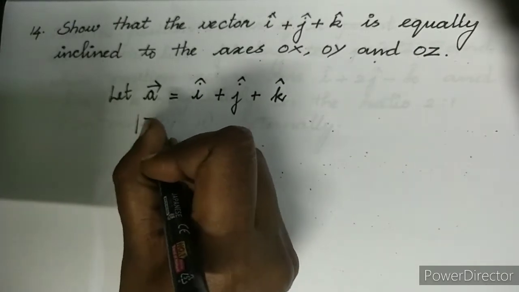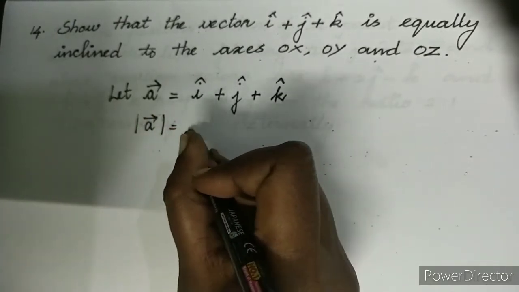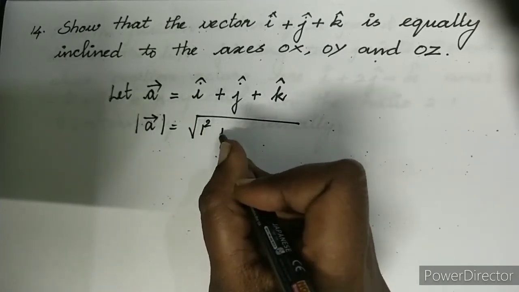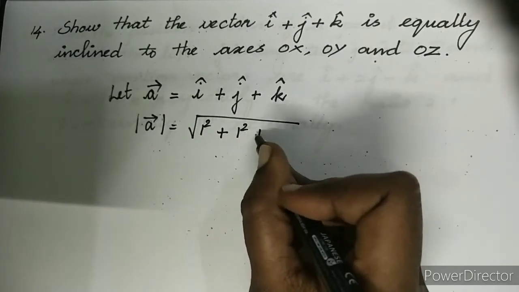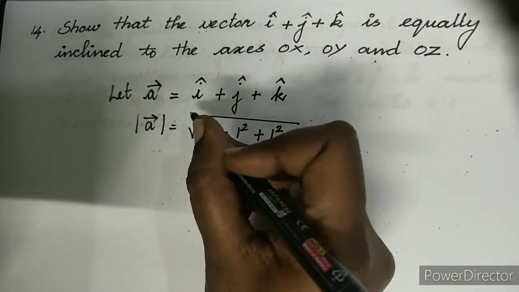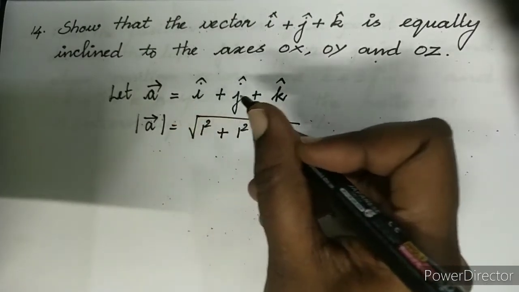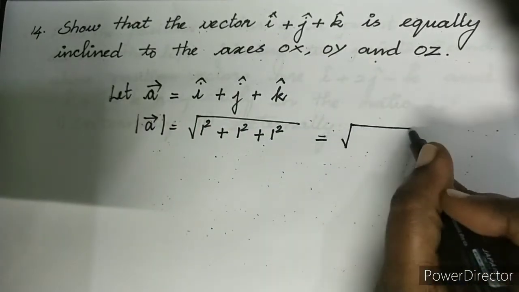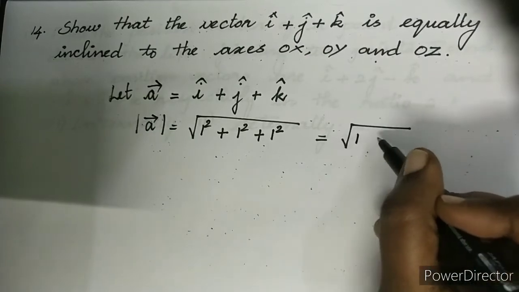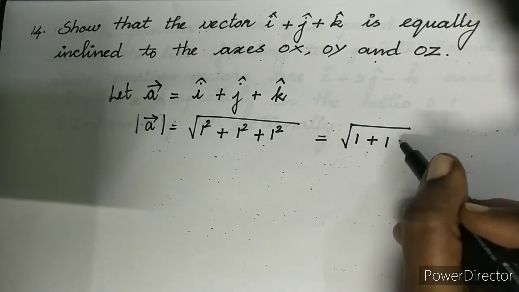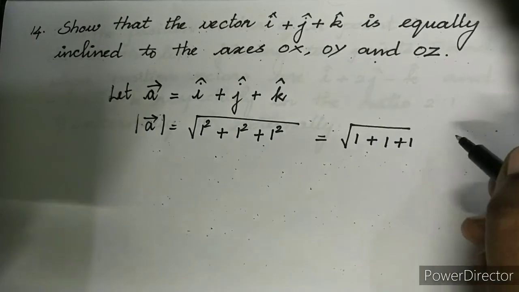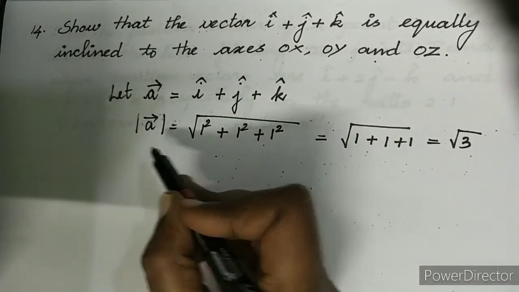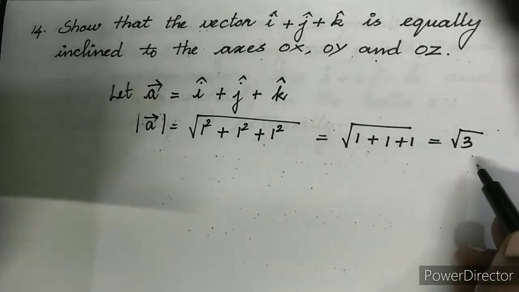Magnitude of A vector is equal to root of 1 square plus 1 square plus 1 square, because scalar components of i cap, j cap and k cap are 1. 1 square plus 1 square plus 1 is 1 plus 1 plus 1, which is nothing but root 3. So, magnitude of A vector is root 3.